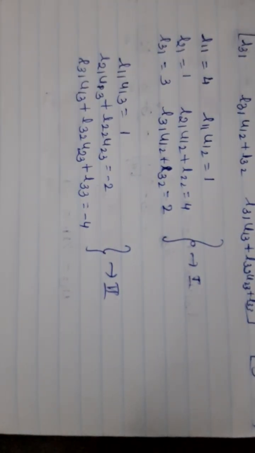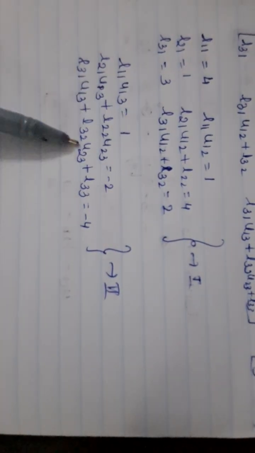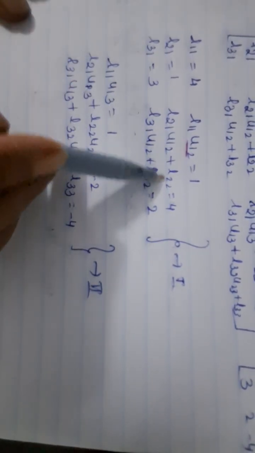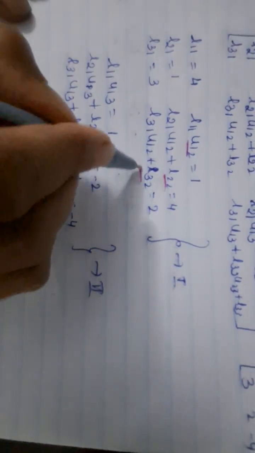Now there are two systems which we need to solve. Okay, so we take L11 here. We have got the L11 value, so we are going to substitute in this. So we can find out U12 from here, and once we find out U12, L21 is known, we can find out L22. Likewise we can also find out L32. Okay, so let's do it.